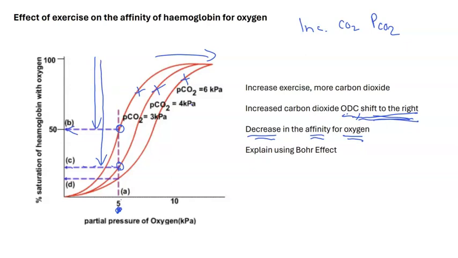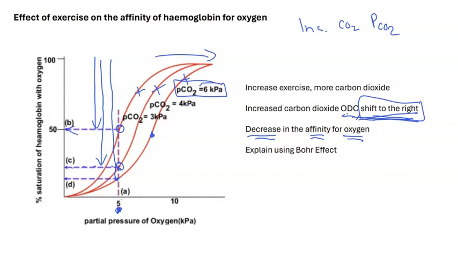And of course, with a higher concentration of carbon dioxide, the curve has shifted even further to the right, this curve here, so that when we get to the tissues with more carbon dioxide around, the unloading of hemoglobin goes all the way down to this point here, with more oxygen released into the tissues.